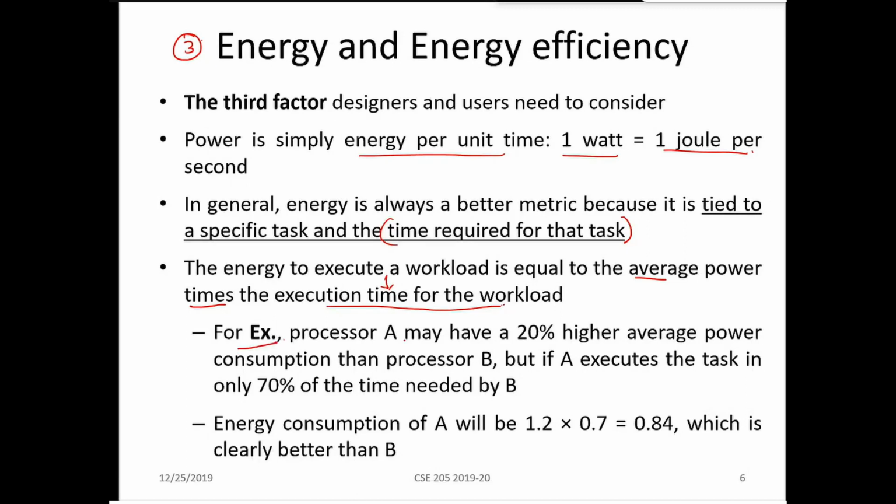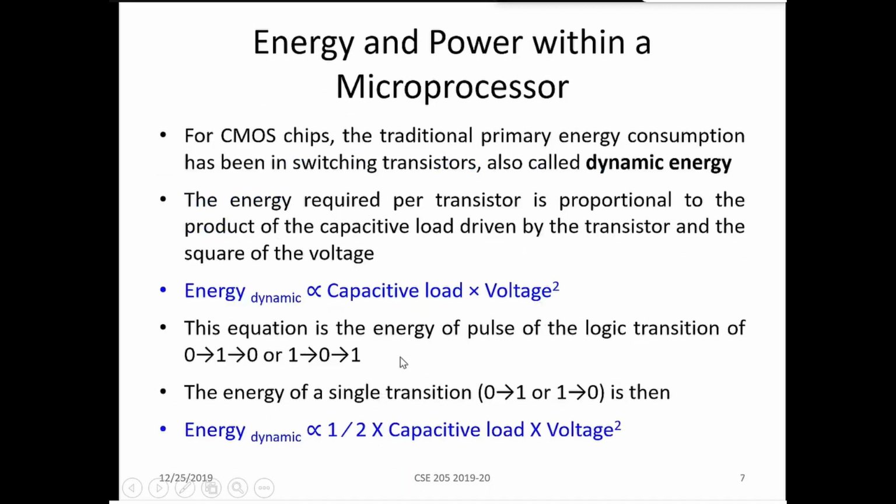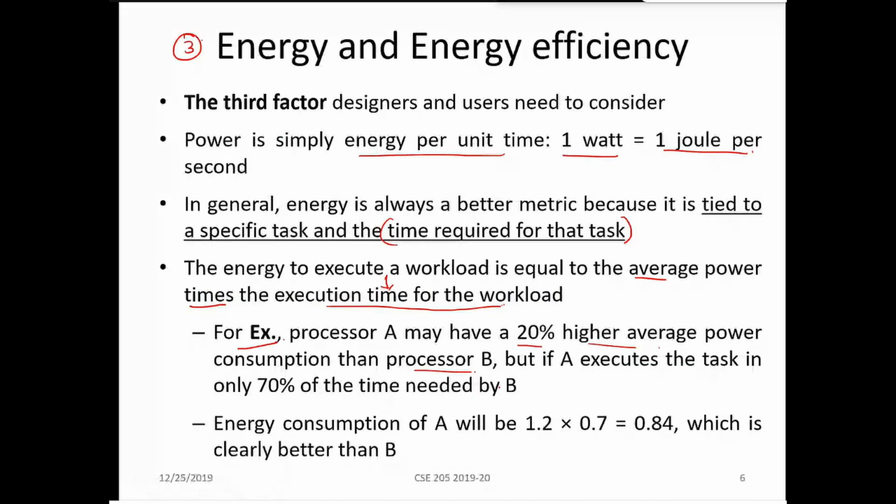Suppose for example, processor A may have 20% higher average power consumption than processor B, but if A executes the task in 70% of the time, then to evaluate the performance with respect to energy of processors A and B: processor A has 20% higher average power, so you have 1.2, but it executes in 70% of the time.